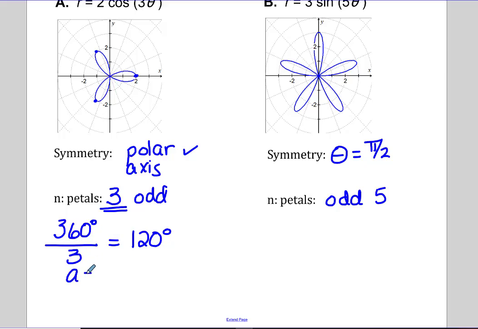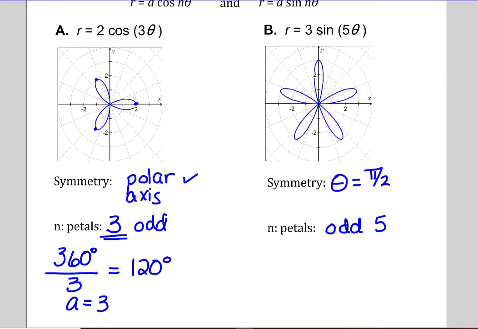So our A value is 3. That tells us how long the petal is. Whoops, was that our A? No, our A value was 2 in this case. I was looking at that 3. The A value is 2, so our petals are 2 units long, or the radius is 2. And the petal length, that tells us on the x-axis.